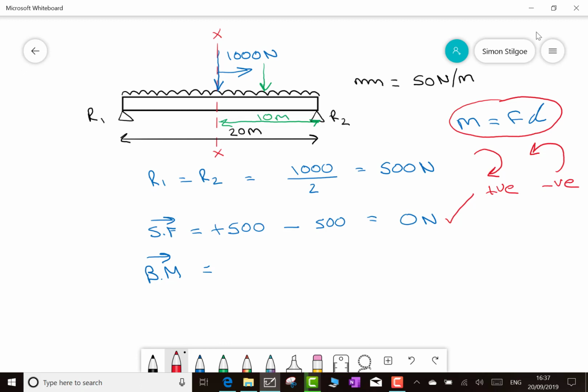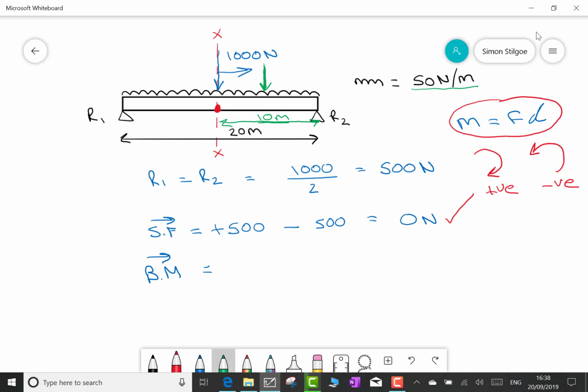negative sign. So back down on my equation then, moving to the right of XX, the first load that I come to is this load that we set up earlier at the 5 meter mark from XX of 500 newtons, which again we arrived at, which is 50 newtons per meter acting over a distance here of 10 meters. 50 multiplied by 10 gives me 500. Now, when we're taking the bending moments, we have to imagine that our section XX now is acting as the fulcrum or the pivot.